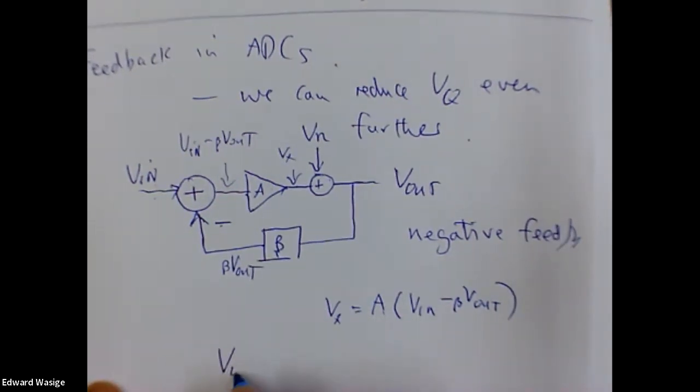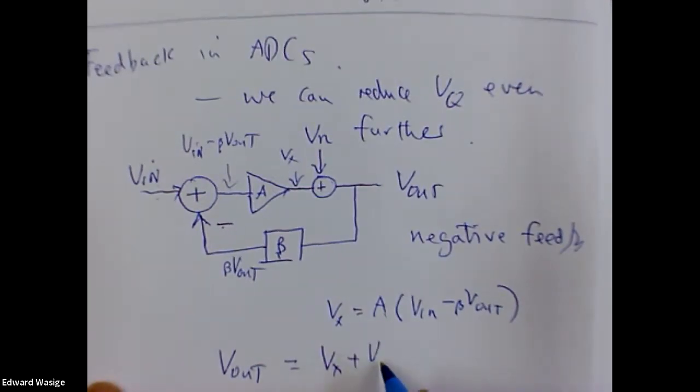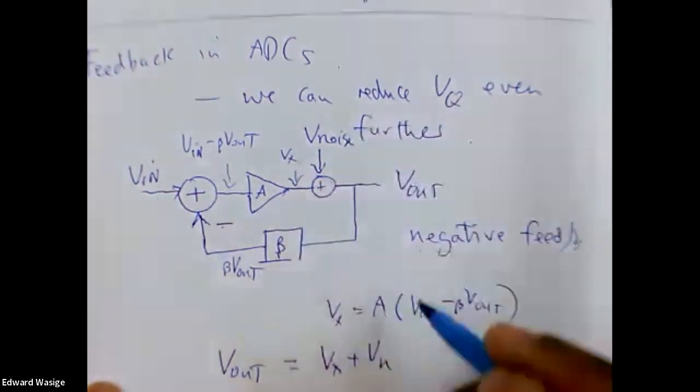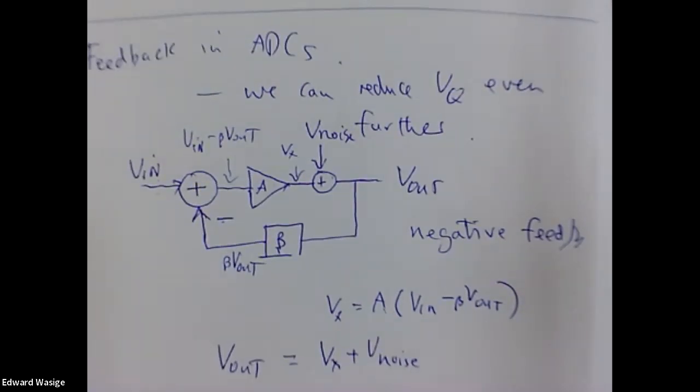And finally, we can write that V out is equal to Vx plus Vn, or I can call this noise just to be clear. So if the amplification process introduces noise, I can show it explicitly like that.